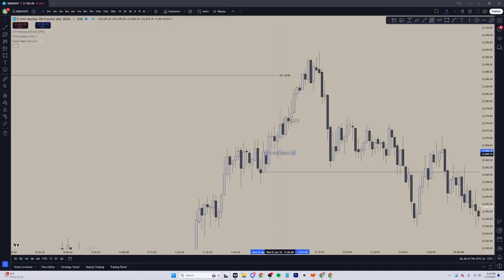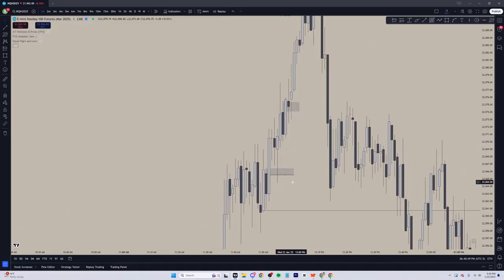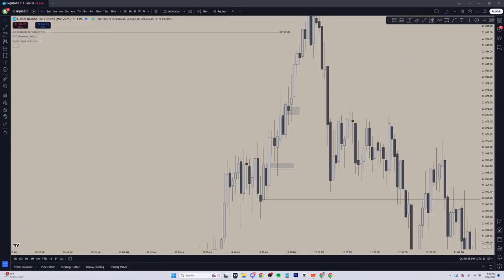I personally use the wick and the opening price here. So I'll use the wick here and this opening price. So I'll kind of draw my order blocks like that. Because the opening price just tends to be the most sensitive and usually the best entries. Now there are times obviously where we will hit the wick and not the opening price, but yeah.